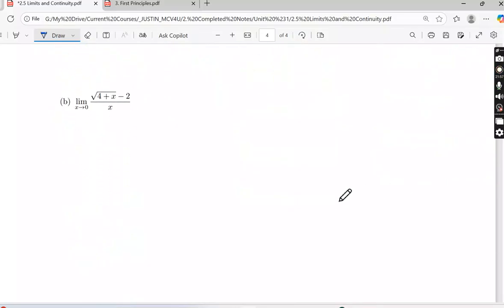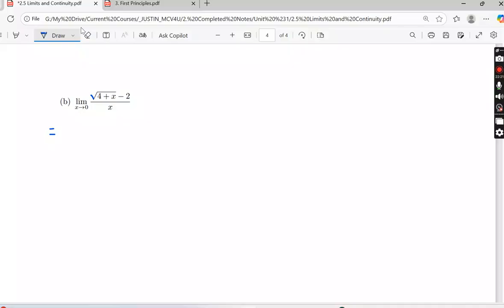Okay. Over here, let's see what happens. Last example. As x approaches 0, well, you can already see you cannot divide by 0, so we have an issue here. So what we can do here is we can obviously test the limit from the left and right of 0. But to solve this algebraically, we can do something called the conjugate method, okay?